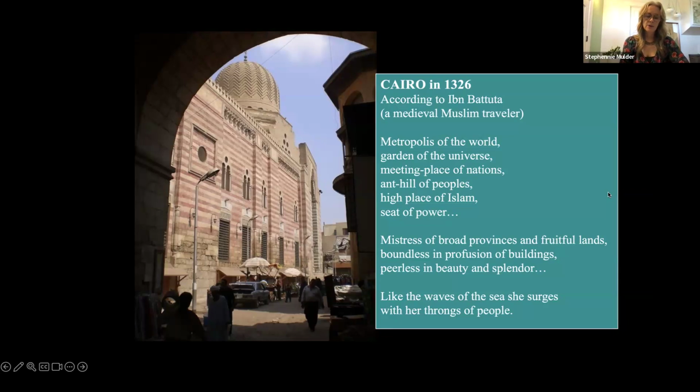Cities like Cairo, for example, in the early 14th century, at a time when Paris comprised a few thousand souls, had nearly 500,000 people, an astonishingly massive city in medieval terms. And in the 1320s, when the medieval traveler Ibn Battuta traveled through and penned these lines of poetry, it was arguably the greatest city of Africa, Europe, and Southwest Asia.